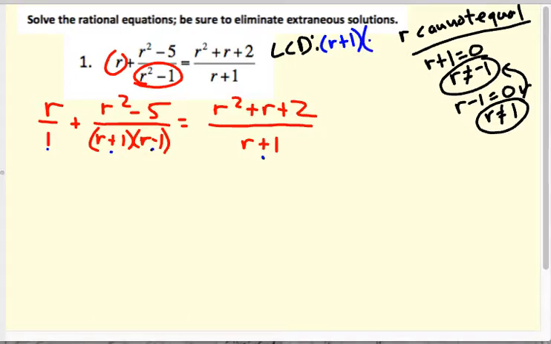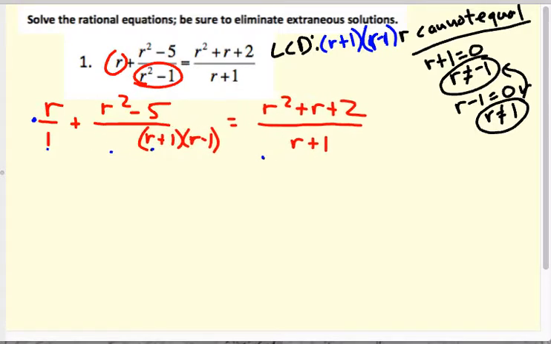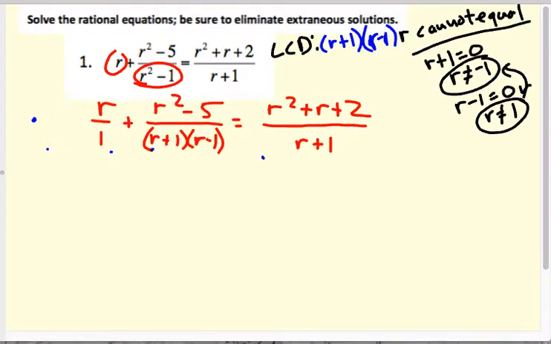I also need an r minus 1. There we go, r minus 1. So r plus 1 and r minus 1. This first fraction over here doesn't have either one of those, so I'm going to have to multiply. I might have to rewrite this. See if I can slide this over. Oh yeah, that worked out well.